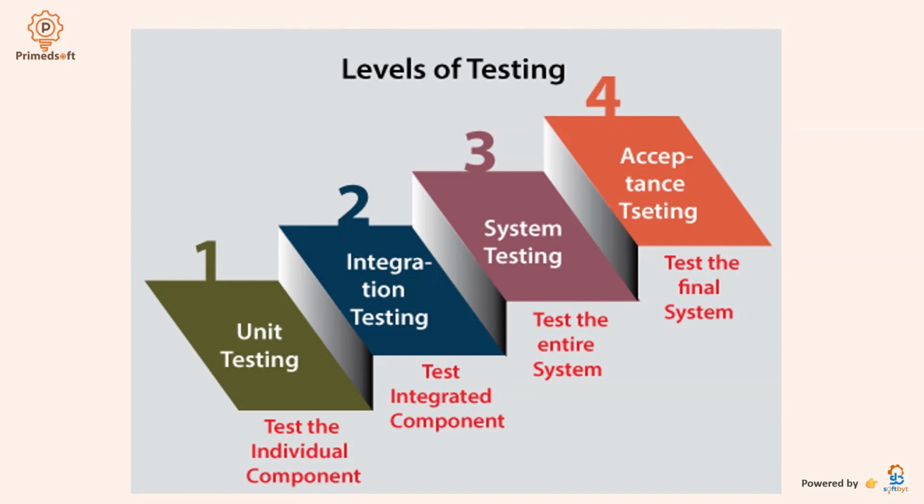So we have system testing as well. System testing involves testing the entire system. The objective is to evaluate the complete and integrated software product to ensure it meets the specified requirements. Let's say we have a requirement that has been specified and developed.